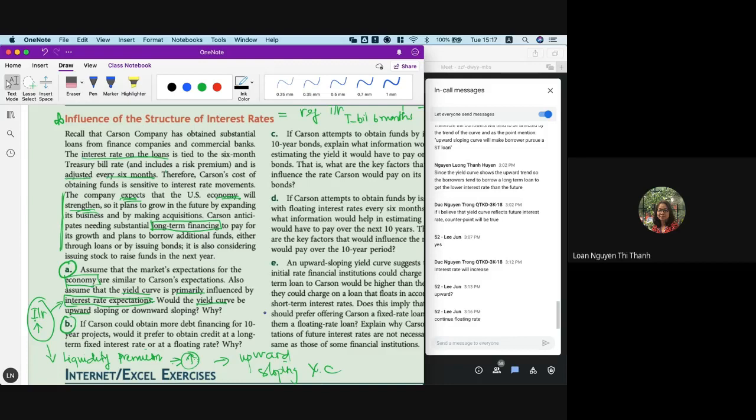If you take the assumption here, rising interest rates, what happens? The interest rate on loans will increase over time, right? Because the market interest rate increases.